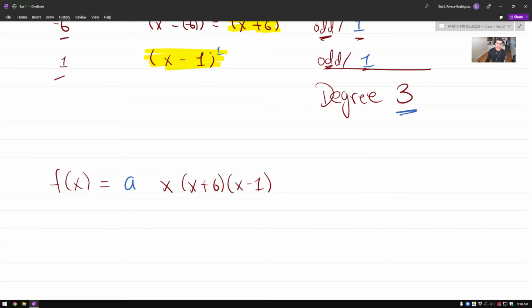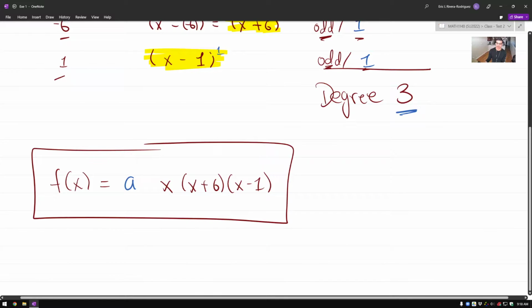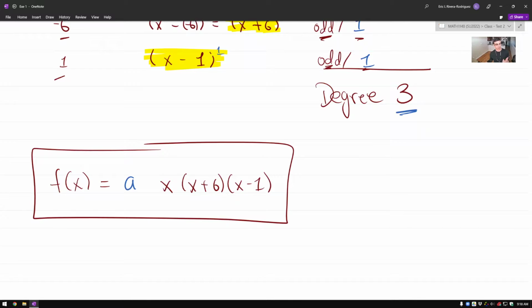This is how we write the equation of a polynomial of degree 3 that has the zeros 0, -6, and +1. We always add that variable a that represents the leading coefficient.